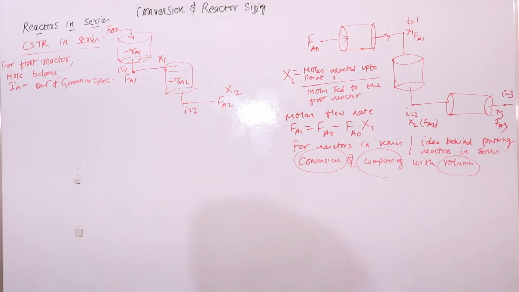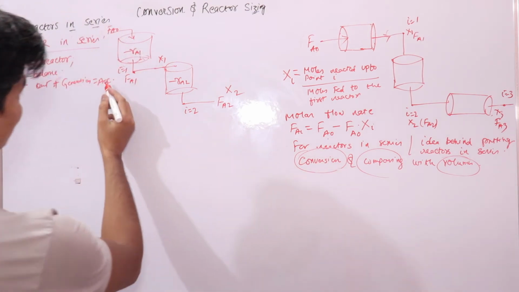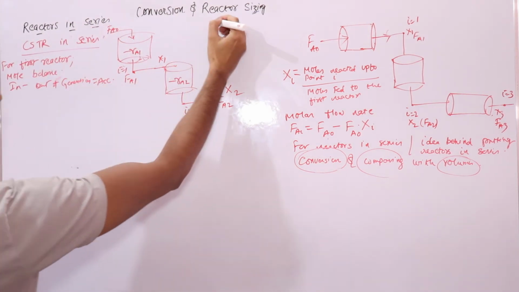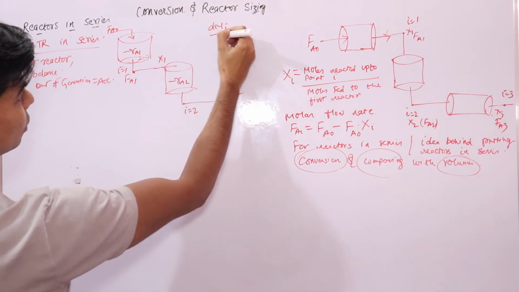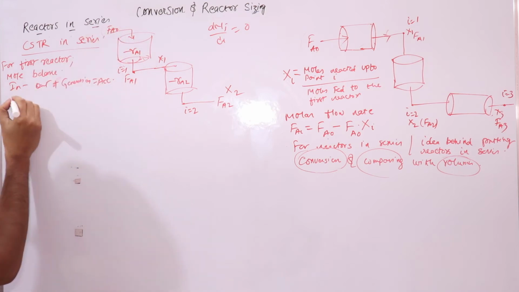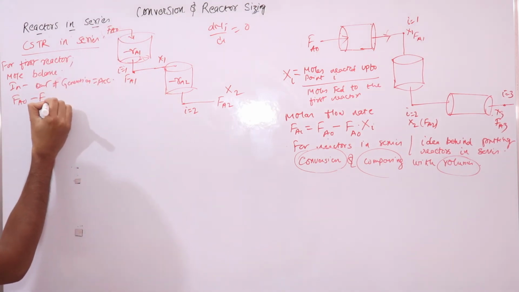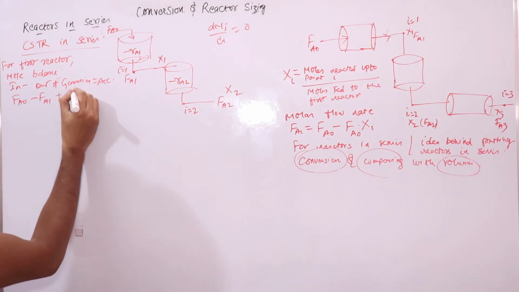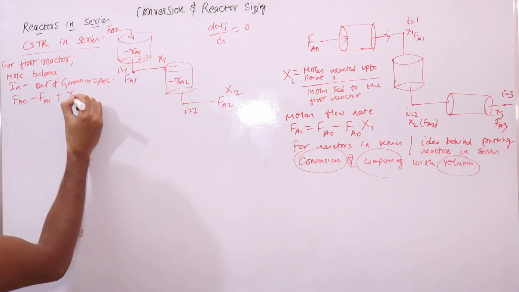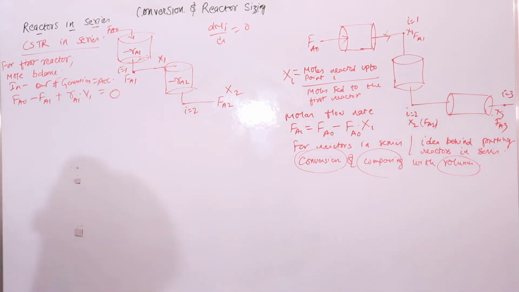Since this is a CSTR where conditions don't change with time, accumulation, which was dNj upon dt, would be equal to 0, right. And what is in is FA0, what is coming out is FA1, plus generation would be RA1 times volume V1, right, and accumulation is 0, right.